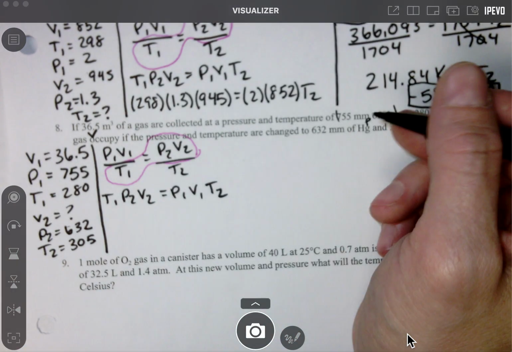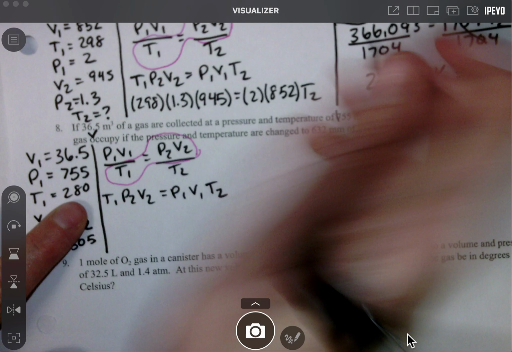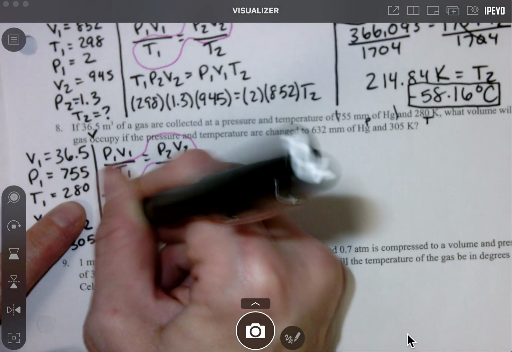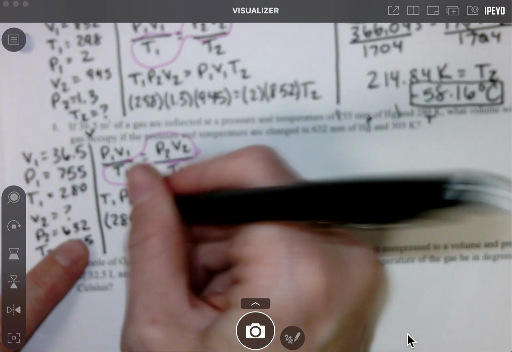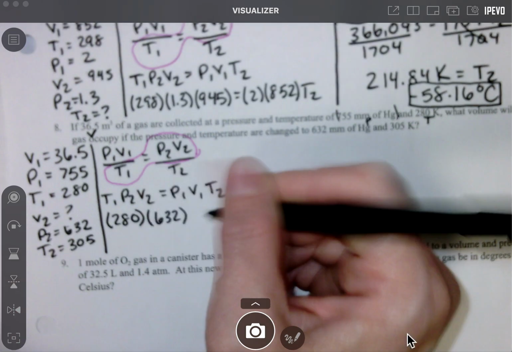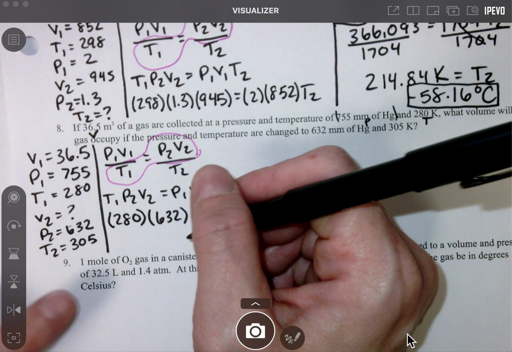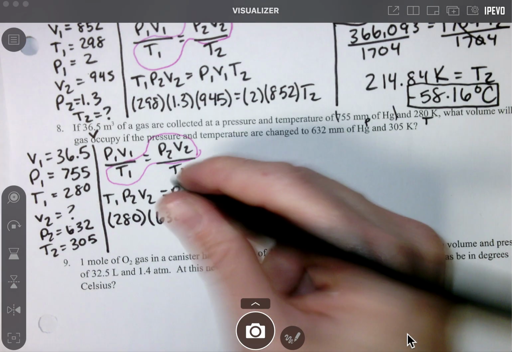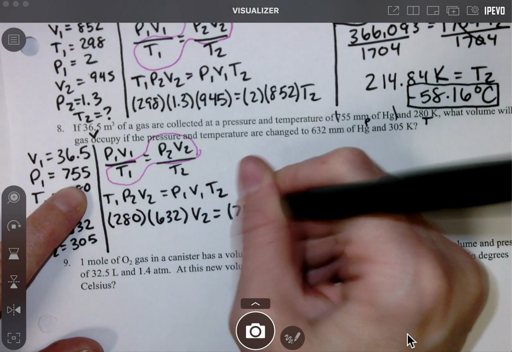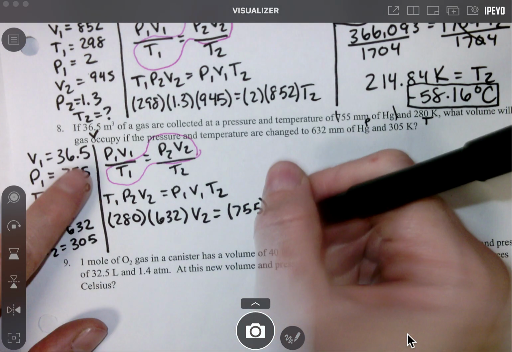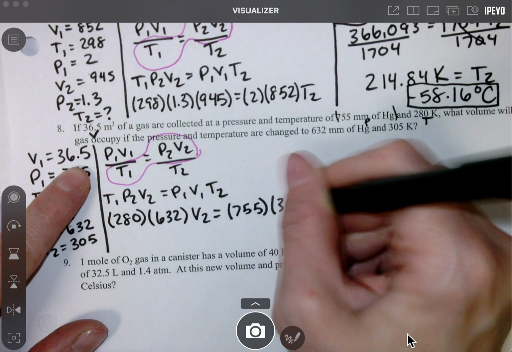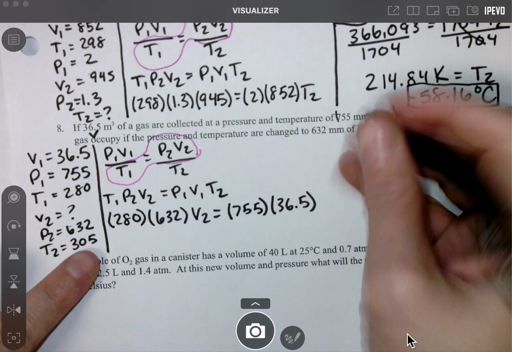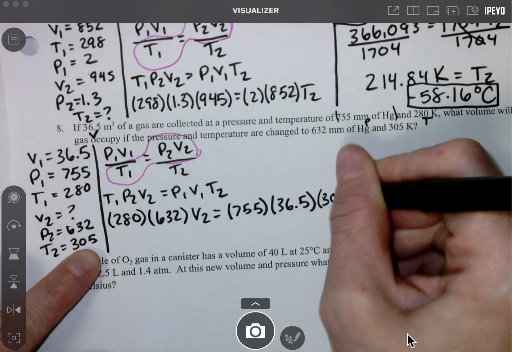Now I can plug things in. T1 is 280, P2 is 632, V2 is I don't know, P1 is 755, V1 is 36.5, and T2 is 305.